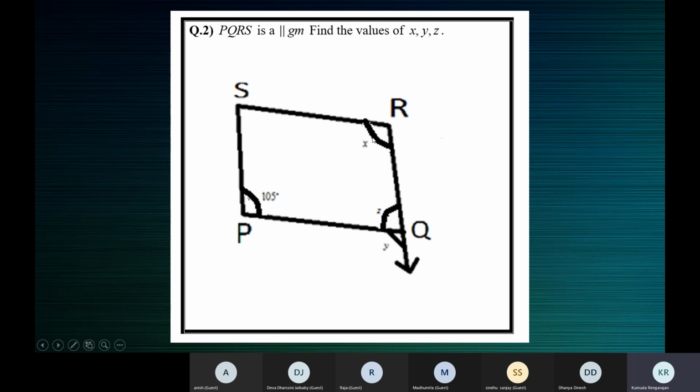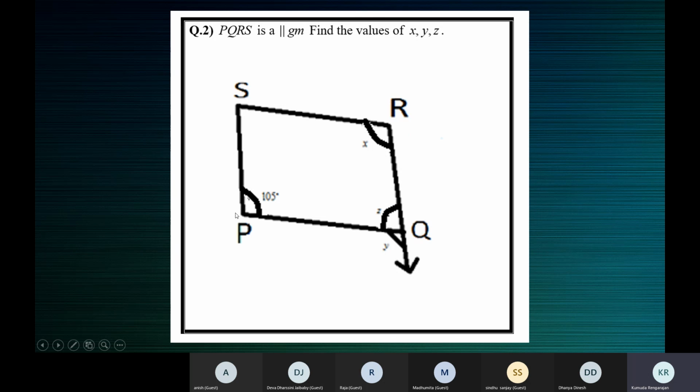So here we have X and Y on the same side of the transversal, both below the line. This is the parallel line, it's below it here. This is the other parallel line, and it's below it here. So X and Y form a pair of corresponding angles, and they are equal because the lines are parallel.